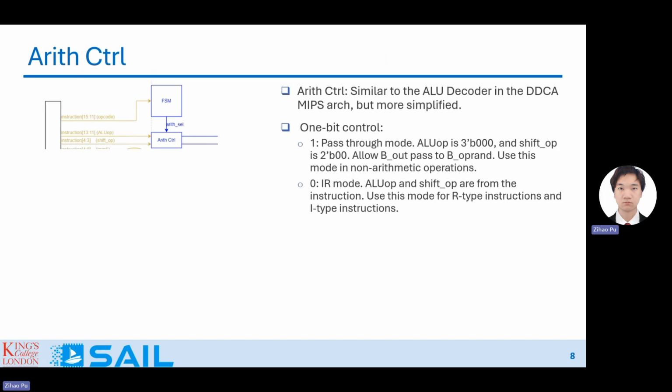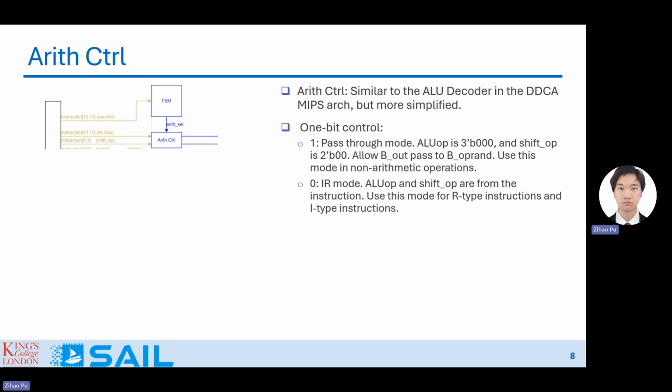In the CPU, you have the controllers. One controller is called the arithmetic controller. I put it just as arith control here. The arithmetic controller is the same as the ALU control block in the MIPS architecture we covered in the lecture, but simpler. Basically, it only does two things. One is pass through, which means the ALUOP is 0 and shift is 0.